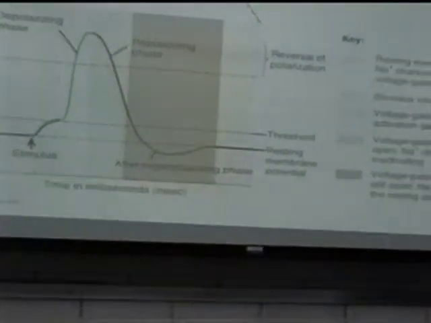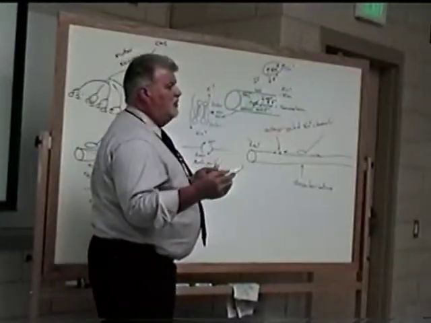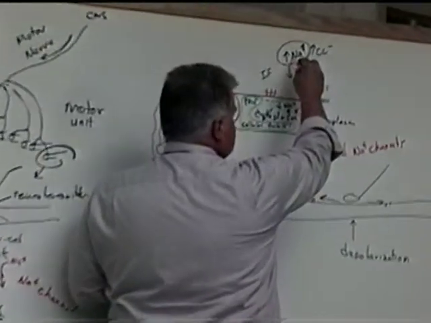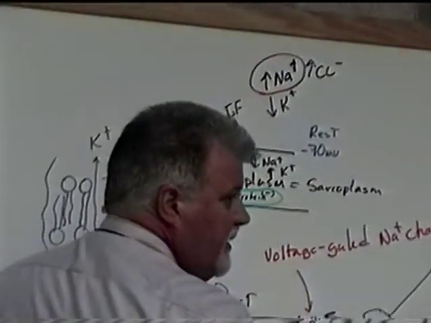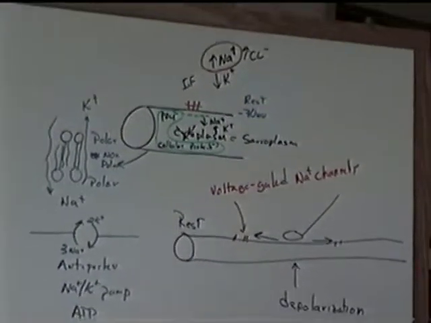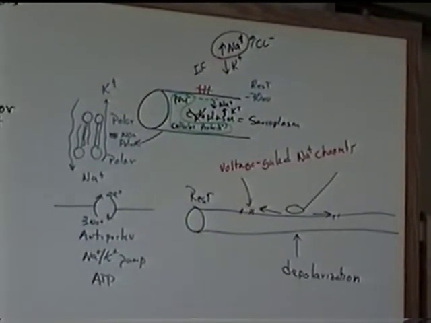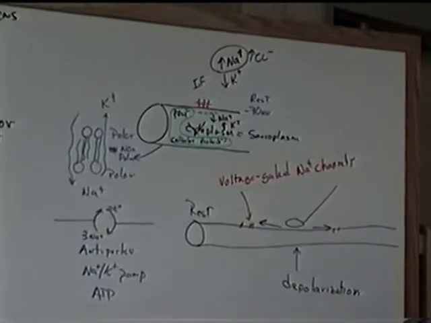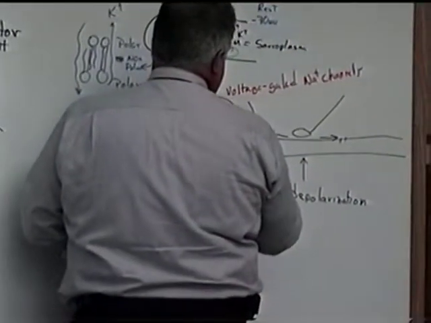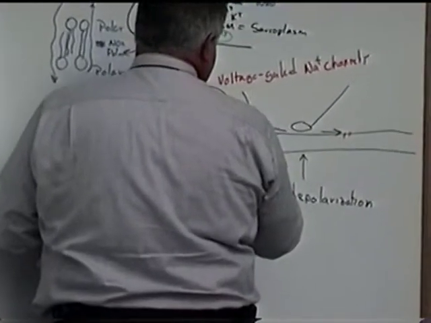So sodium is going to move via diffusion. That was why it was critical that I had more sodium outside my cell and less sodium inside my cell. The sodium is going to move from an area of high concentration to an area of low concentration. Okay. So now, as all my sodium is rushing into my cell, what's happening to the amount of sodium outside the cell?